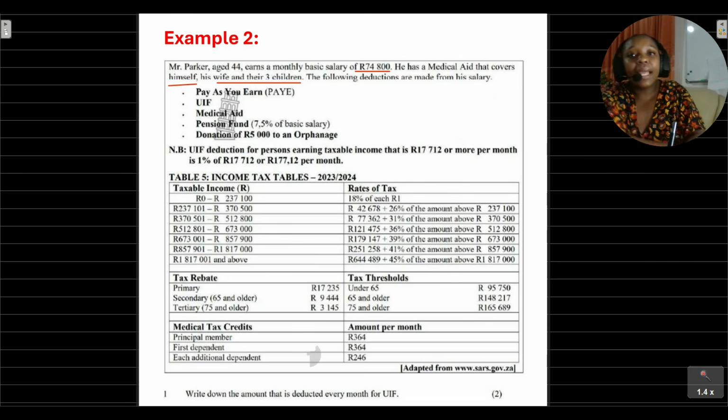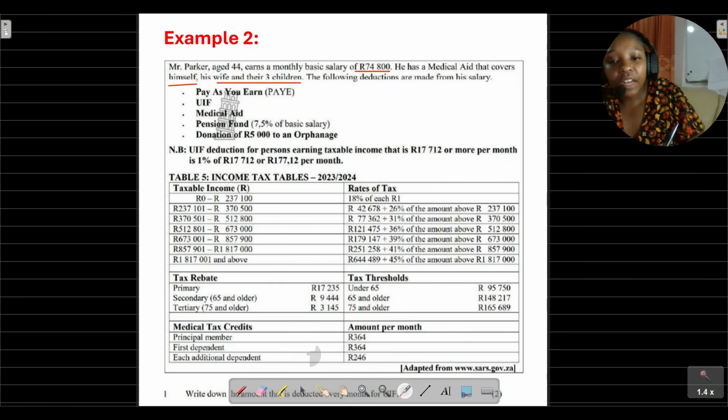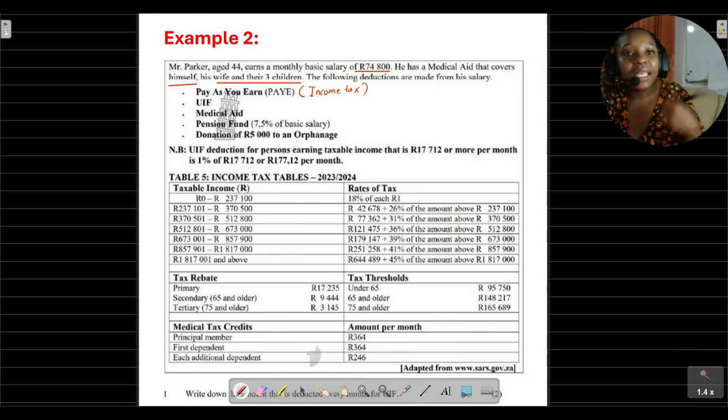So what is pay as you earn? When they say that pay as you earn is being deducted from his salary, they're saying that his company is paying his income tax for him. So his income tax gets deducted from his salary.